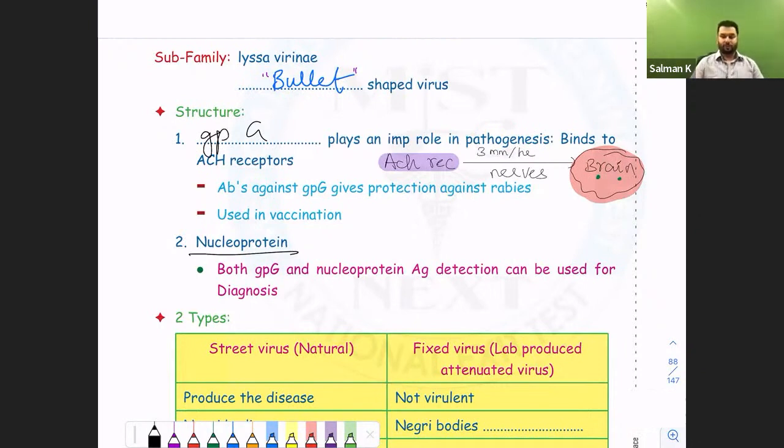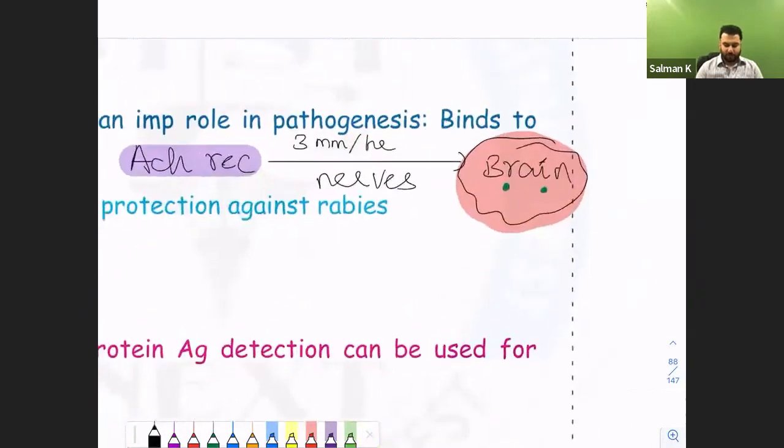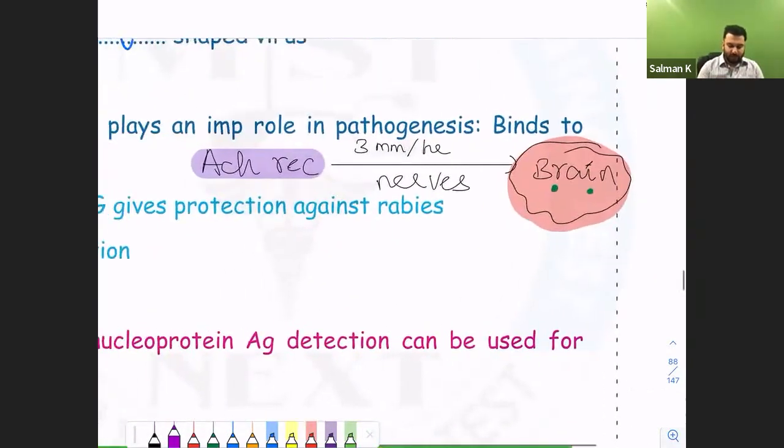Now, understand this. Glycoprotein G is the one that plays an important role in pathogenesis. In other words, it helps in causing rabies. How does it help in causing rabies? It binds to the receptors, what we call acetylcholine receptors. So technically, glycoprotein G on the virus helps it bind to the acetylcholine receptor.